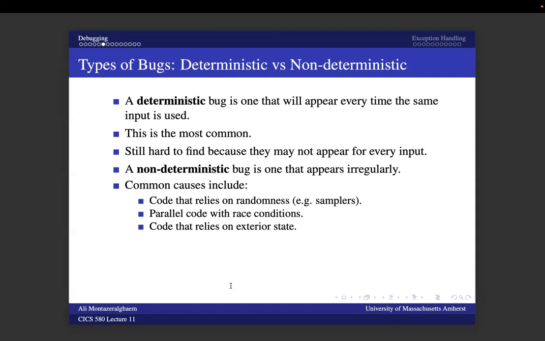It means that your code generates a bug when the input, for example, is 1. But if you change the input to 2, you are not getting the same error. So every time the input is 1, you are getting the same error. This means that there is a deterministic bug in your code. And I should mention that this is the most common type of bug compared to the non-deterministic one.